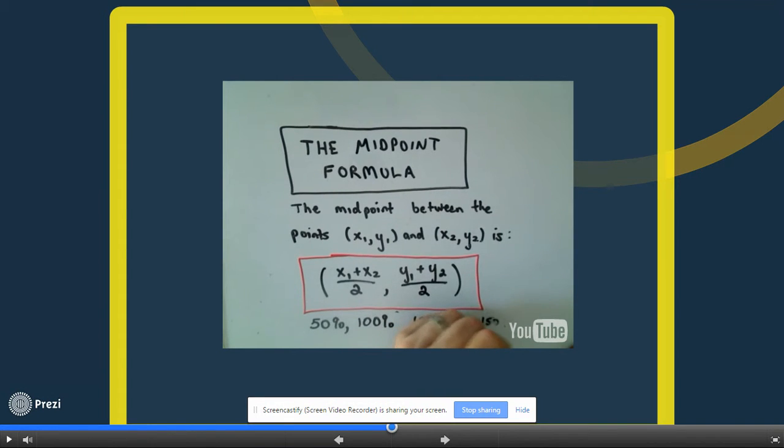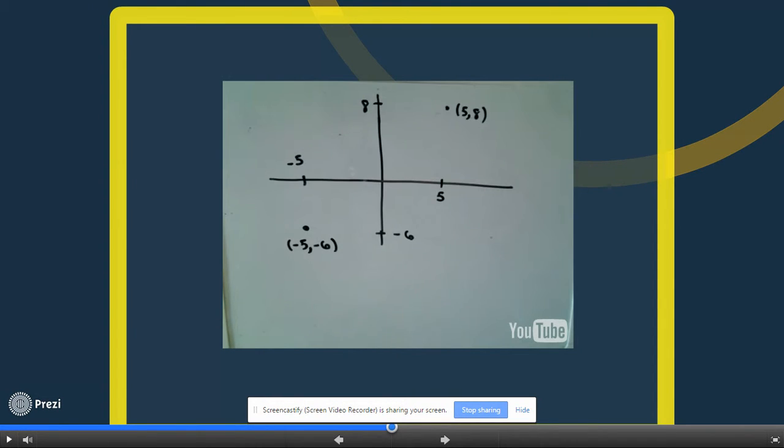So you have 150 over 2, or simply 75%. So notice a midpoint is just an average of 2 things. So if you can remember it in that context, maybe it'll help you remember that you should be adding the x-coordinates, divide by 2, adding the y-coordinates, divide by 2.